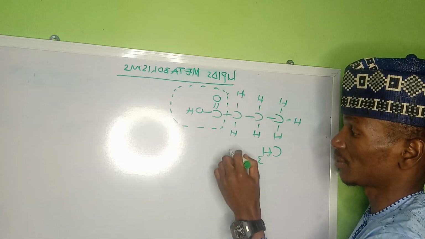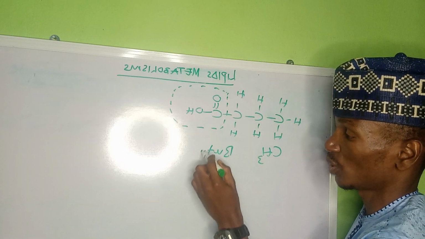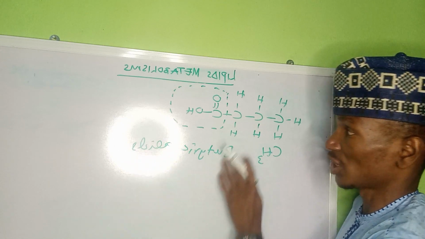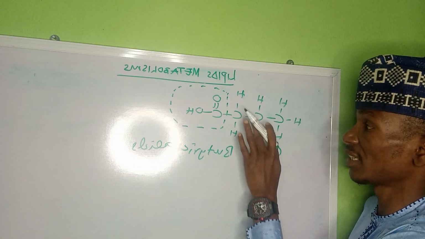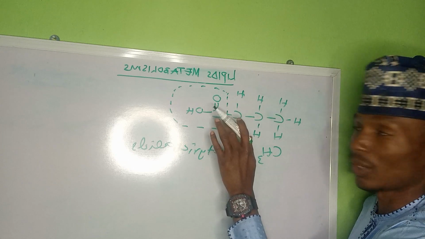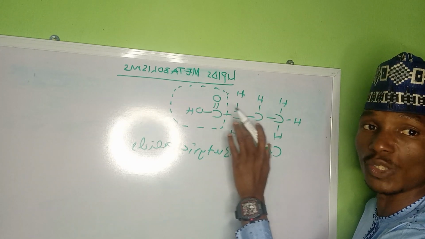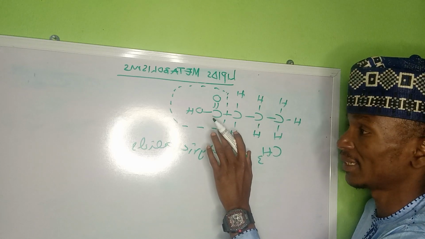Specifically, this is butyric acid, which is saturated fatty acid because in this chain there is no double bonding on it. It is single bonding. That is why it is saturated fatty acid.